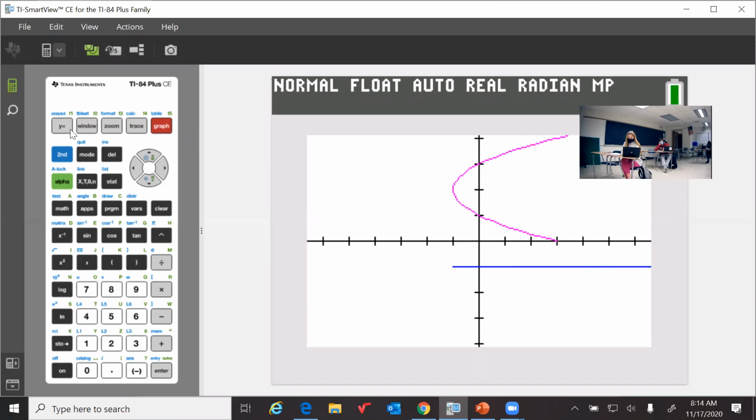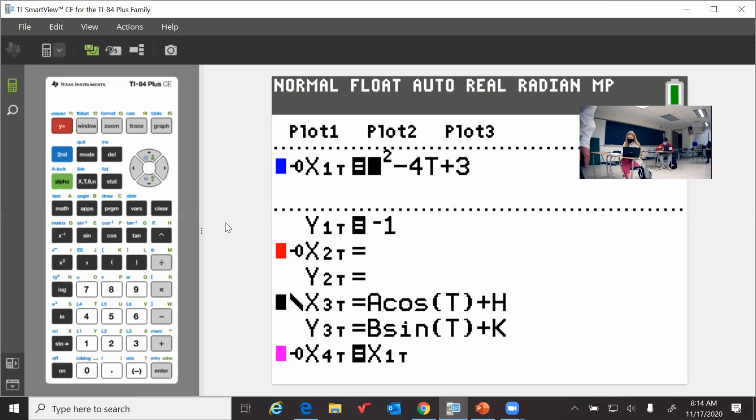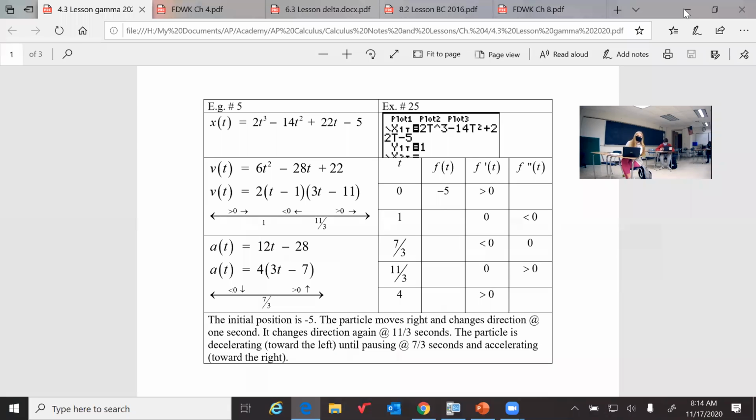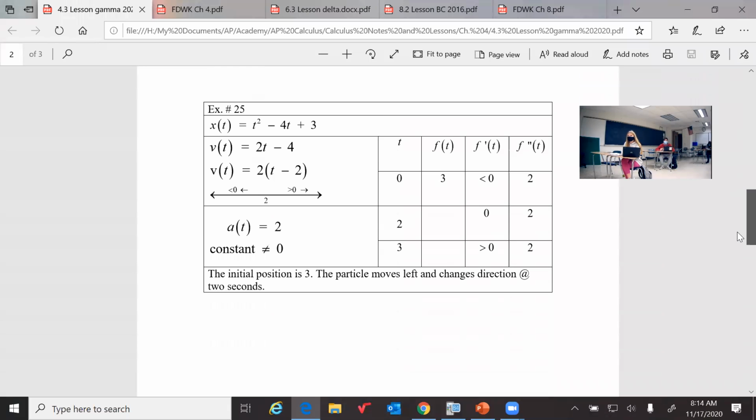If I look at what's in Y equals, you use the cover-up method: at time 0, the particle is going to be 3 to the right. Then the derivative is going to tell us if it's going right or left. From the picture, we saw that it went left. So here's the table.